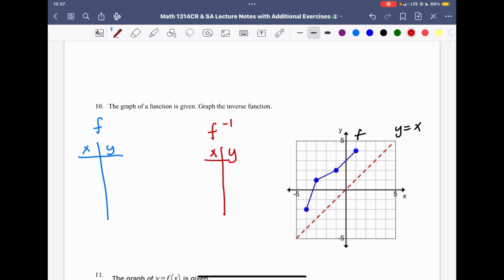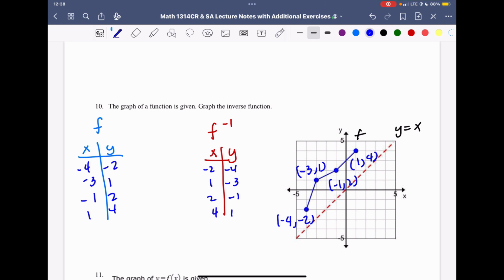When we read these, we get negative 4, negative 2, negative 3, 1, negative 1, 2, 1, 4. So that means we're going to plot negative 2, negative 4, 1, negative 3, 2, negative 1, 4, 1.